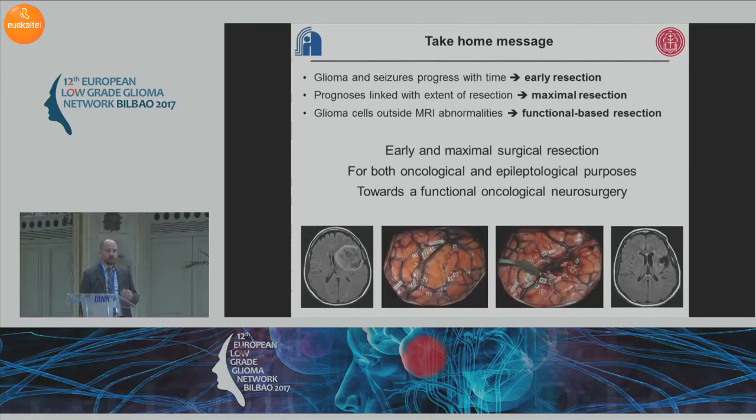Because glioma and seizures progress with time, and because the epileptological and oncological prognoses are linked with the extent of resection, and because glioma cells extend beyond the MRI-defined abnormality, I advocate an early and maximal functional-based resection for both oncological and epileptological prognosis, in fact moving toward a functional neurological surgery. I thank you for your attention.